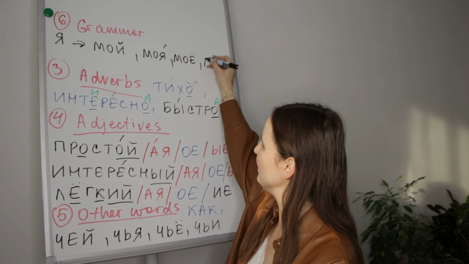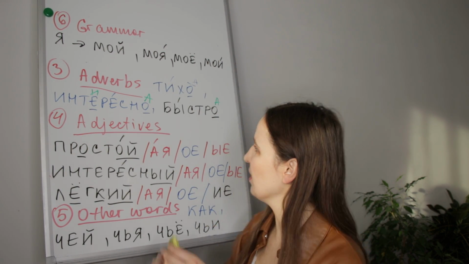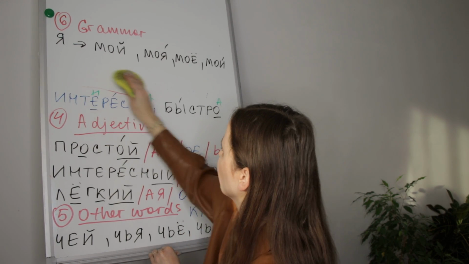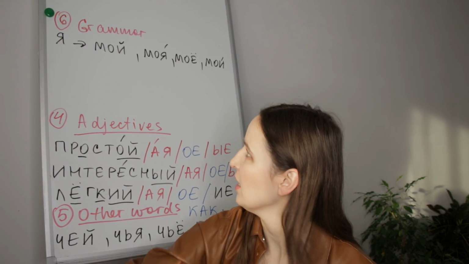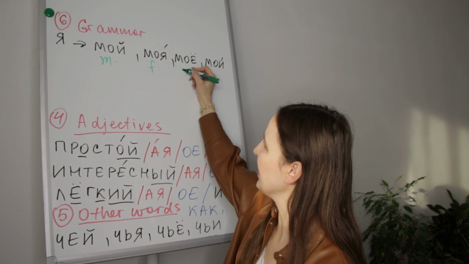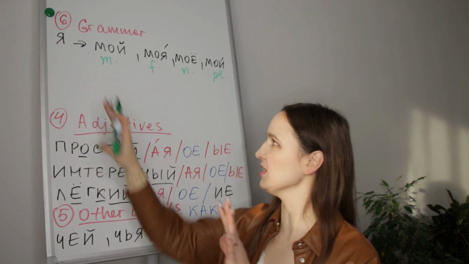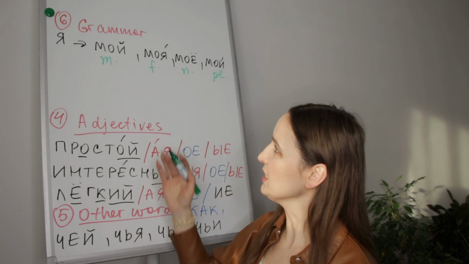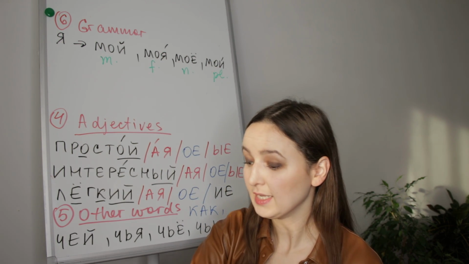And мои, my in plural. Итак, мой masculine, моя feminine, моё neuter, мои plural. All of them mean my, but it will depend on the following noun which one you will use.